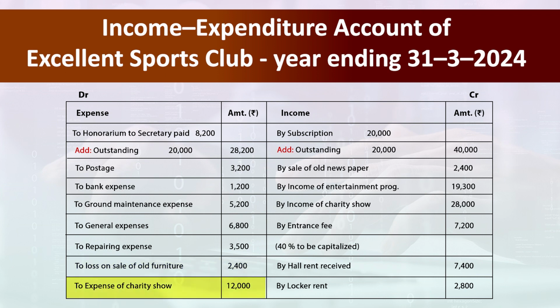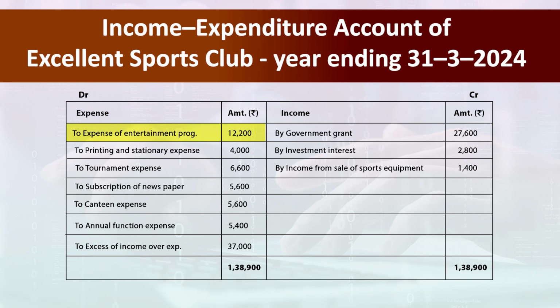The expenses of charity show is rupees 12,000. The expenses of entertainment program is rupees 12,200. The printing and stationery expense amounts to rupees 4,000. The tournament expenses of rupees 6,600 is recorded then.